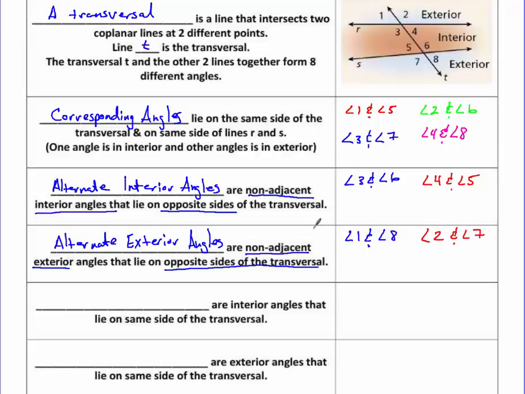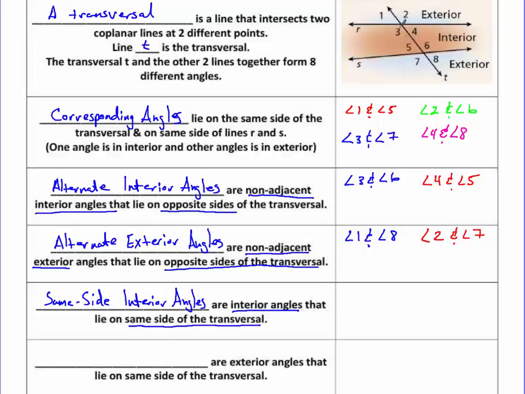All right, so this unit is very vocabulary heavy. You gotta know what these words say and what they mean. All right, next one we're gonna move on to is called same side interior angles. Okay, and these are interior angles on the same side of the transversal.